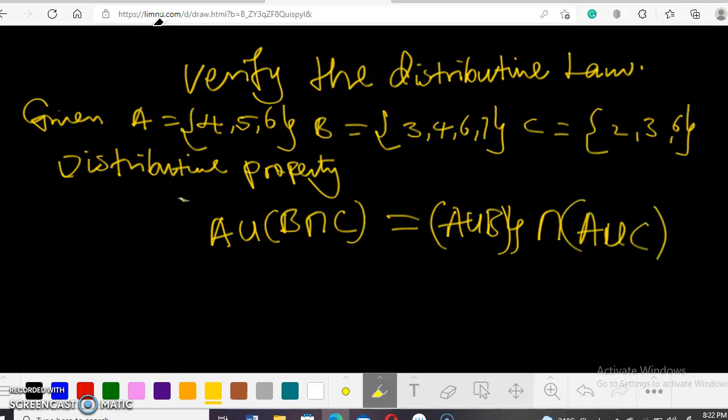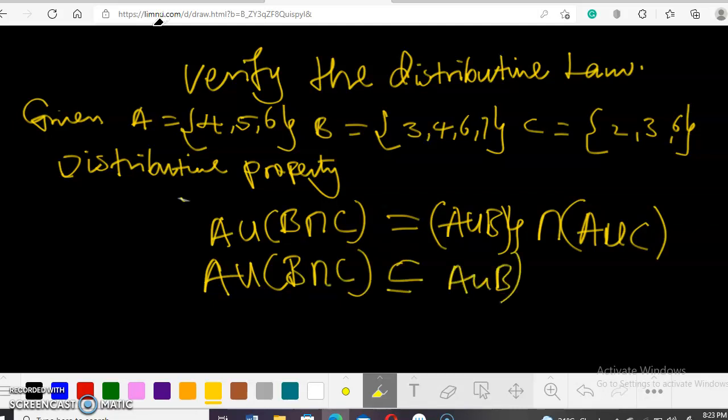In other words, what we have just shown is that A union B intersection C is contained in A union B intersection A union C. This symbol here simply means contained.